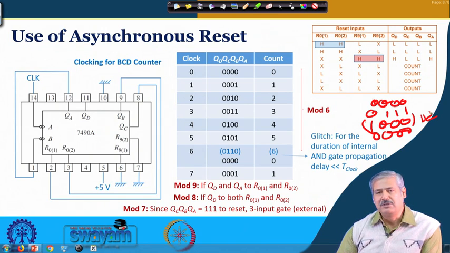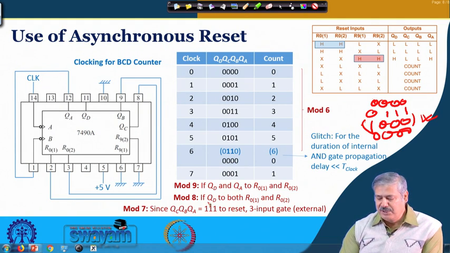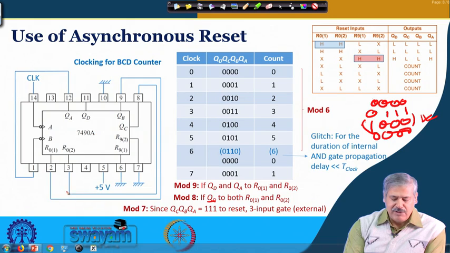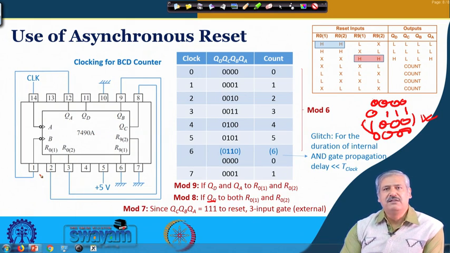This is the one with which you want to reset it. Okay. So, 1 has not come before, 1 is coming for the first time. So, QD you can feed to both of them, just take a wire and connect to both of them, that is fine, internally it is getting ANDed, both the inputs are 1. Okay. So, that way you can get mod 6, that way you can get mod 8, that way you can get mod 9.